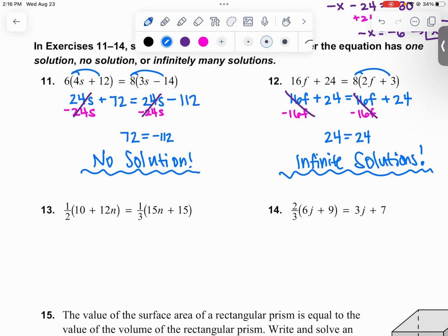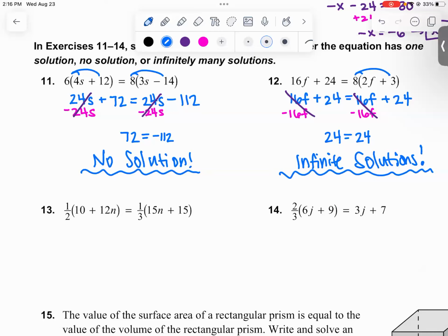Okay, so when you see that my variables are the same on both sides, their coefficients, you know one of these cases is going to happen. When they cancel out and you're left with an untrue statement, we have no solution. When they cancel out and you're left with a true statement, you have infinite solutions. What if it's like 5 equals 10? Does 5 equal 10?